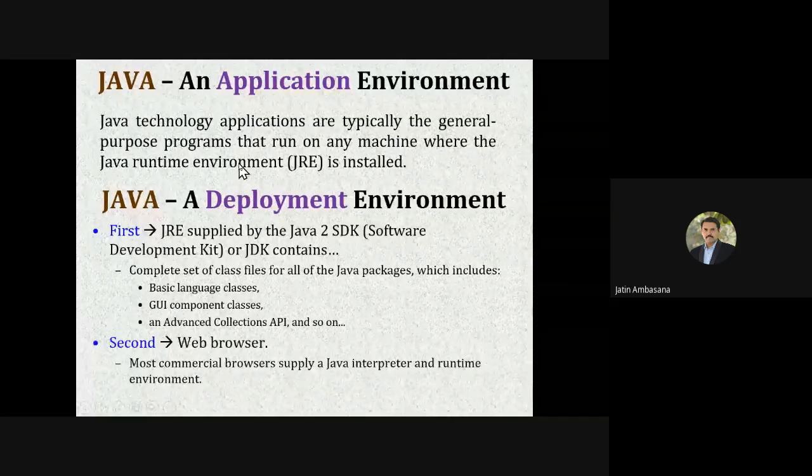Second is the web browser, where mostly all commercial browsers supply a Java interpreter and runtime environment. Yes, browsers also have the JRE installed inside them. So browsers can run the Java interpreter and run Java programs on it. For that we use applets and all.